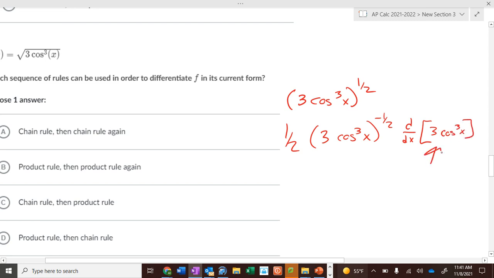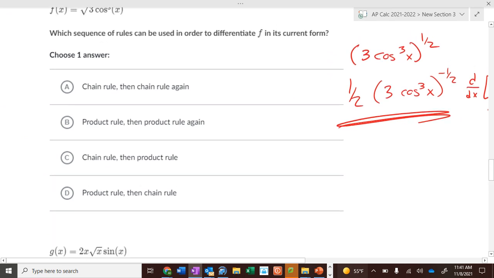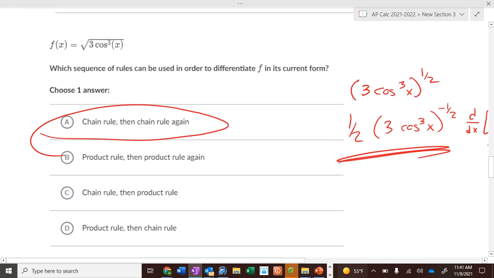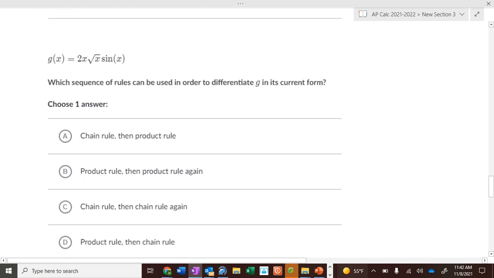Well, to take the first derivative of this, what would you have to do? The chain rule. So what did I do right here? Chain rule. So then it's the chain rule again. So do you have to find the whole derivative yet? No, you're just finding the process to get there.